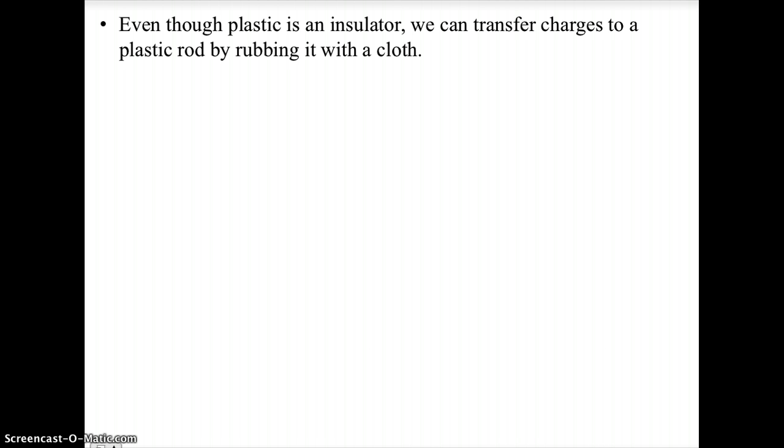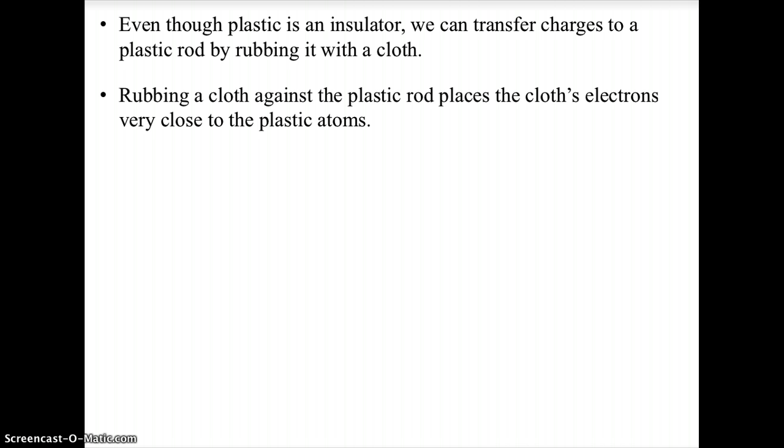Now, even though plastic is an insulator, we can transfer charges to a plastic rod by doing what I just talked about. If you take a plastic rod and you rub it with a cloth, we will put charges onto the rod. So here's what happens. When we rub a cloth against the plastic rod, we place the electrons of the cloth very, very close to the plastic atoms.